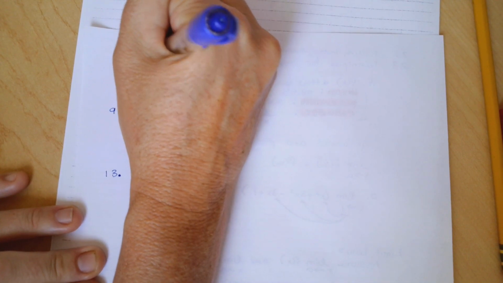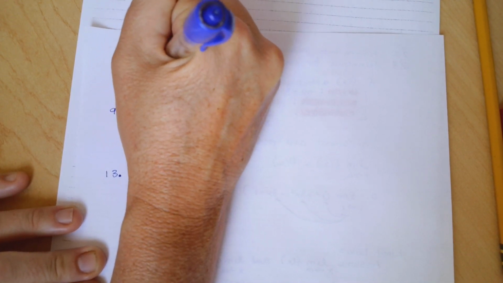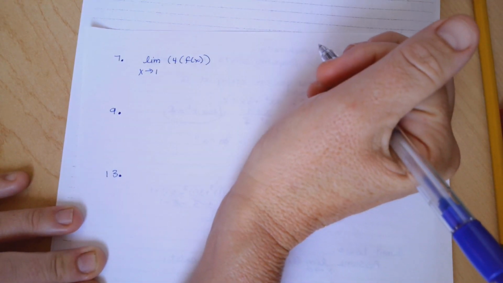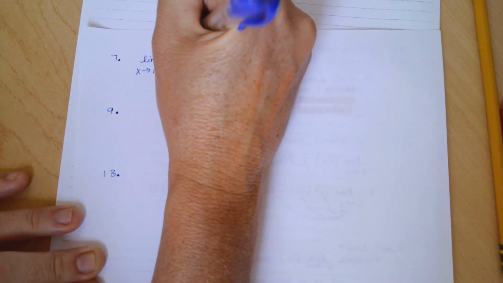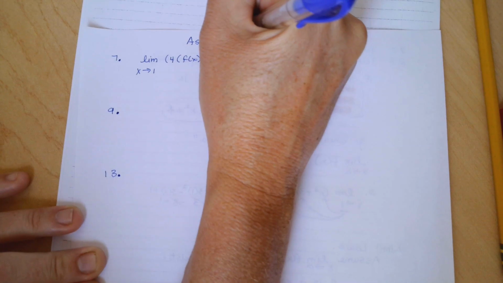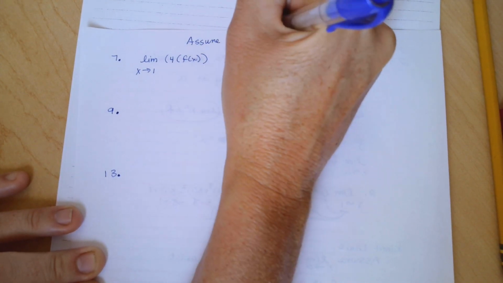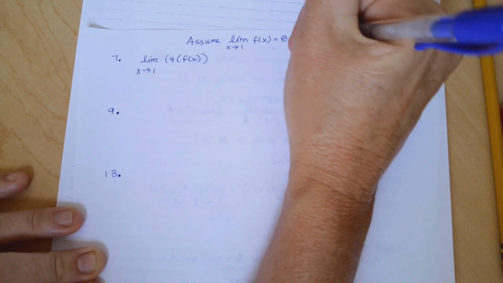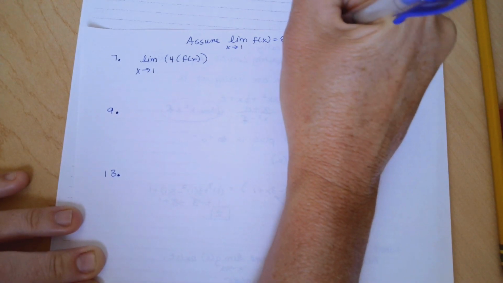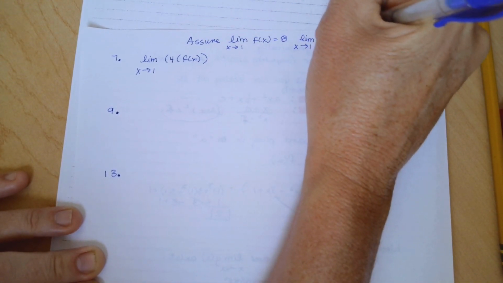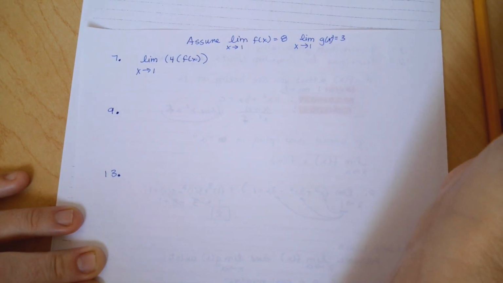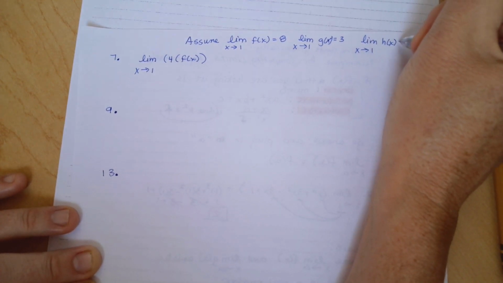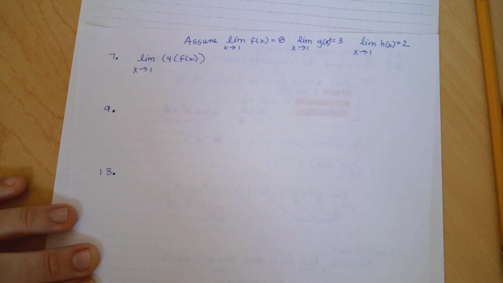So number 7, we're looking at the limit as x goes to 1 of 4 times f of x, and we're told to assume the limit as x goes to 1 of f of x equals 8, and the limit as x goes to 1 of g of x equals 3, and the limit as x goes to 1 of h of x equals 2. Okay, and so we're going to calculate a couple things.